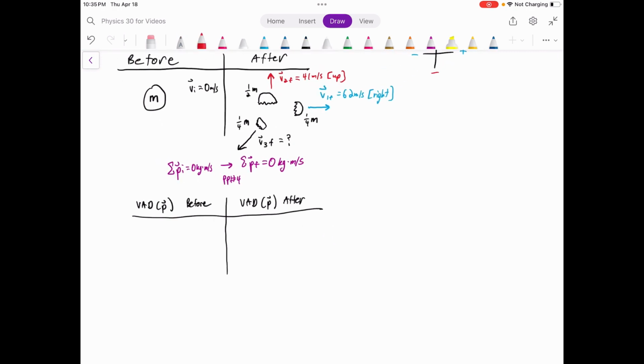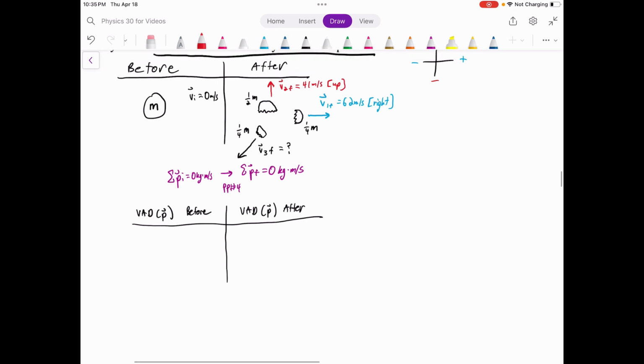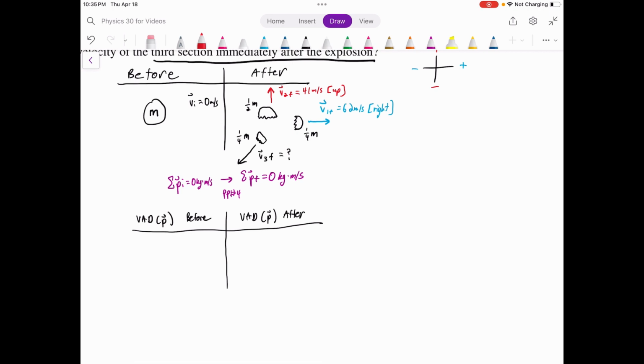So if we think about this, we can see that, right? On a VAD, to have 0 total means that we just end up back where we started on our vector addition diagram, so that there's no total to draw, right? So our piece 1 has a momentum to the right, so I'll call that momentum 1 final, and then tip to tail.